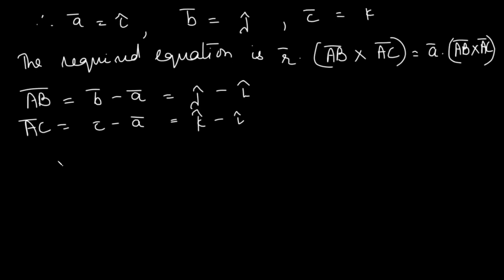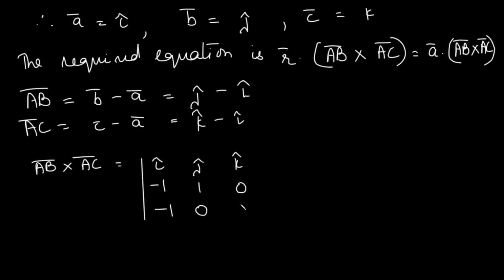We also require AB cross AC, which is the determinant. So AB is j minus i, so minus 1, 1 and 0. Similarly, AC is k minus i, so minus 1, 0 for j and 1 under k.